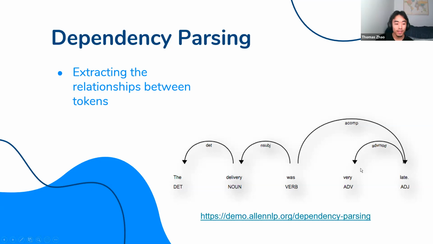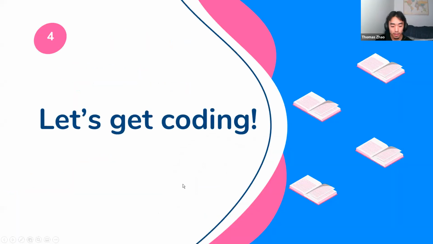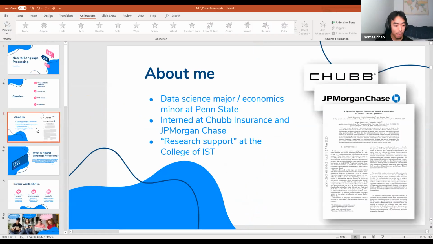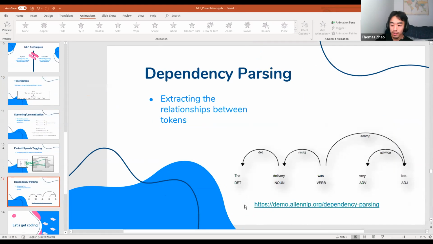All right. So we can take that sentence, the delivery was very late. Oh, right. Let me get this demo to you guys. I copy and paste that. There you go.